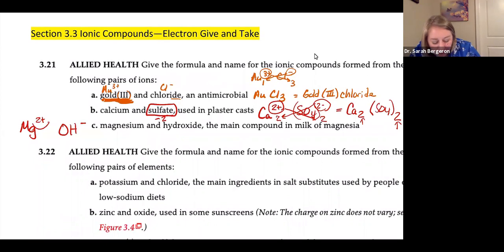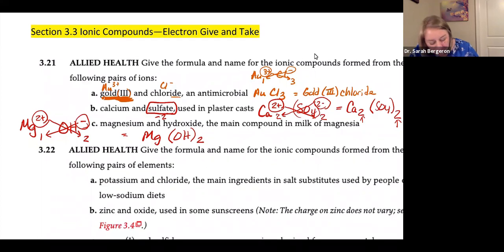Now we're gonna do our crossover and reduce. I rewrite Mg, I'm not gonna write the 1, and I write OH, but oh look, I have a subscript, so I need to put my OH in parentheses and put a 2. Just take your time and make sure you're identifying the right things.